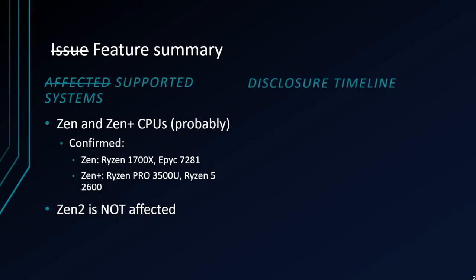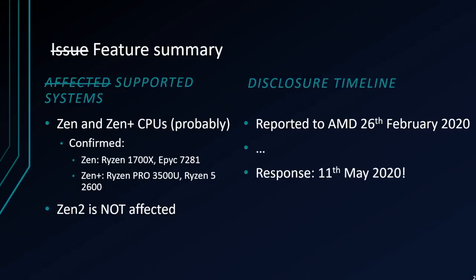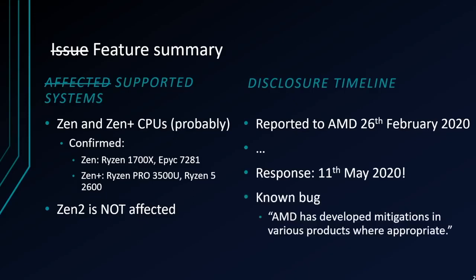Of course, we reported this to AMD. We reported this at the end of February this year. And, well, it took some time for AMD to respond at all. They responded in the beginning of May. And what they said was basically, all right, this is a known bug. It has been reported by others, so we're obviously not the first ones to discover this.